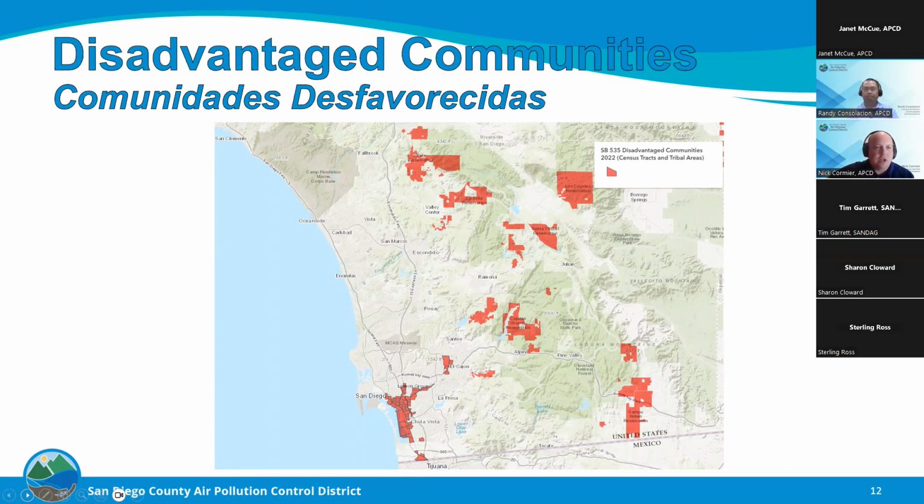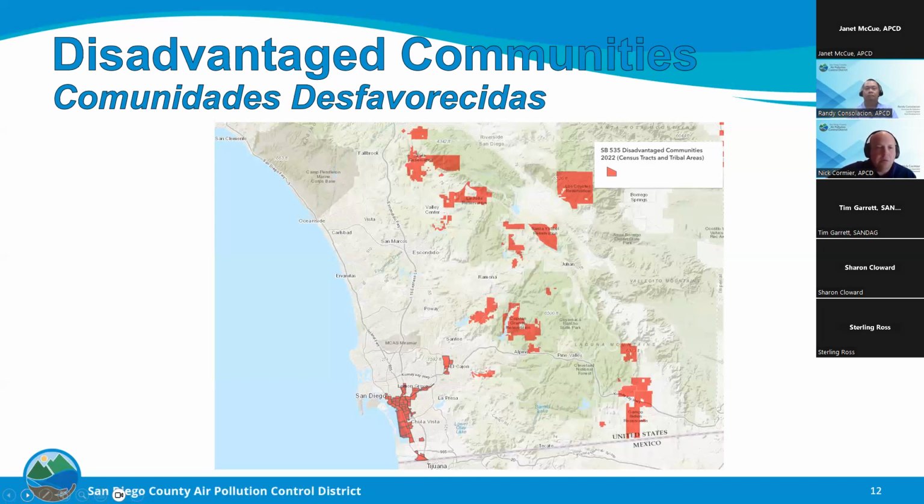The census tracts denoted in red on the map are officially designated as disadvantaged communities statewide using CES 4.0. These areas represent the 25% highest scoring census tracts in CES 4.0, census tracts previously identified in the top 25% in CES 3.0, census tracts with high amounts of pollution and low populations, and federally recognized tribal areas.